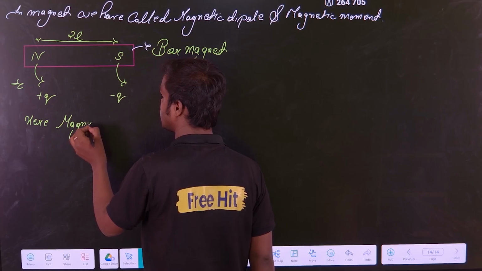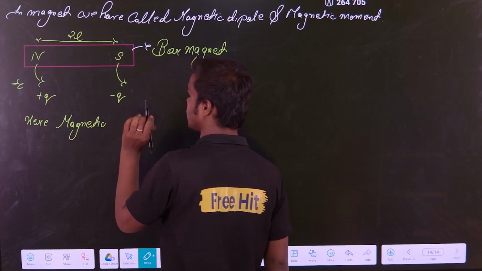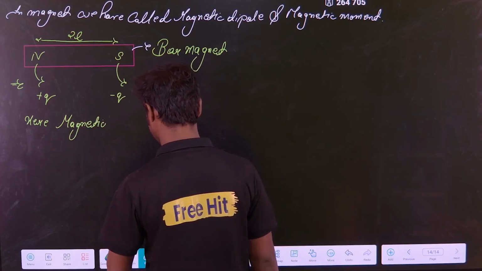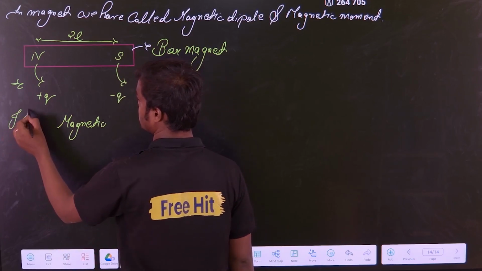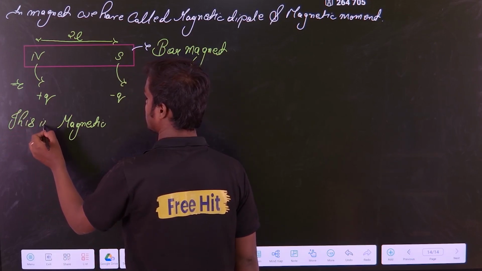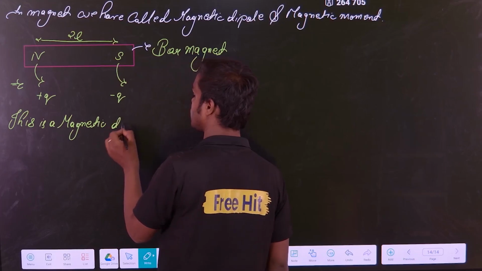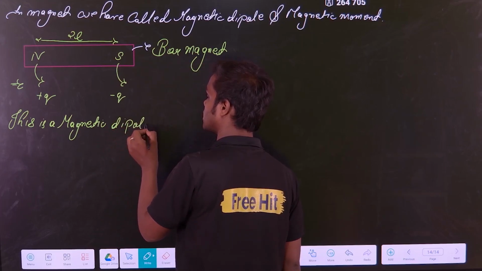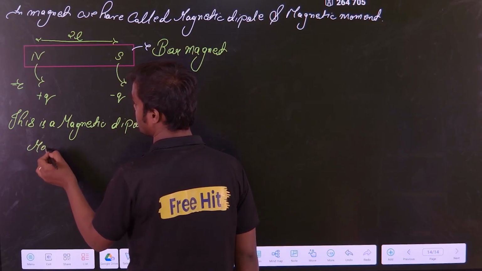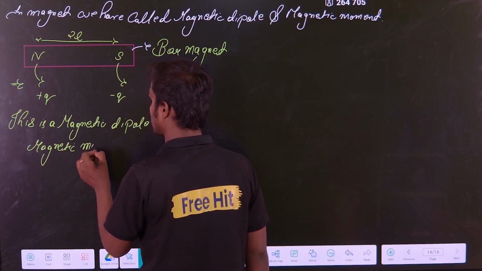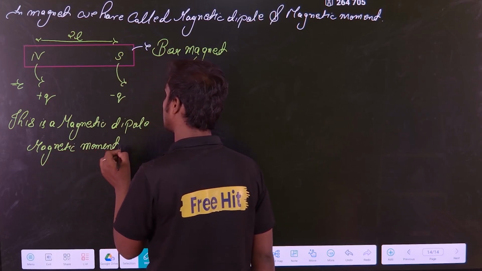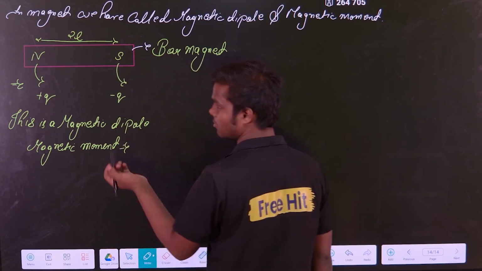This is called a magnetic dipole, and the magnetic moment is like the dipole moment.